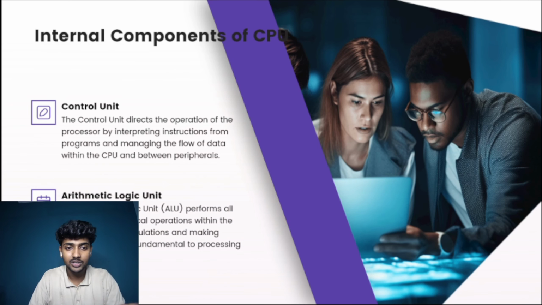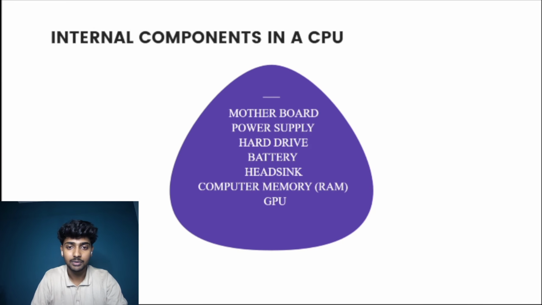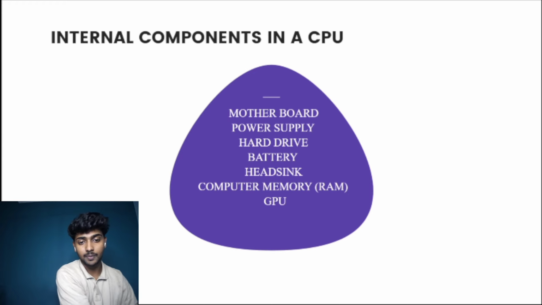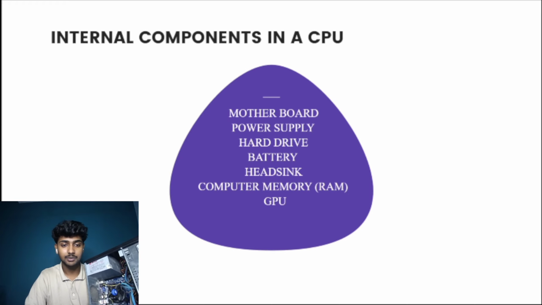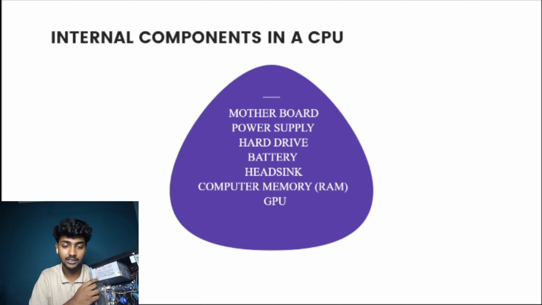The internal components of the CPU, the central processing unit, would be the motherboard, the power supply, the hard drive, the battery, the heatsink, and the computer memory, which is the RAM, and also the GPU. As you can see, here is the CPU for a demo. Here you can see the power supply, which provides power to the parts of the CPU for its functioning.